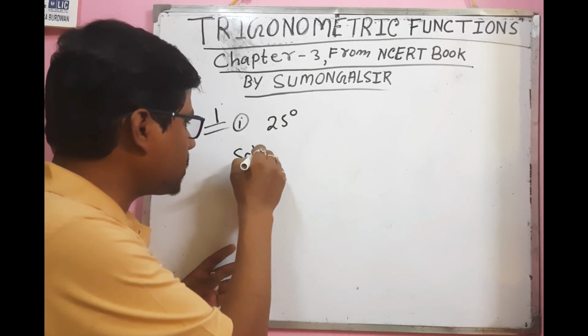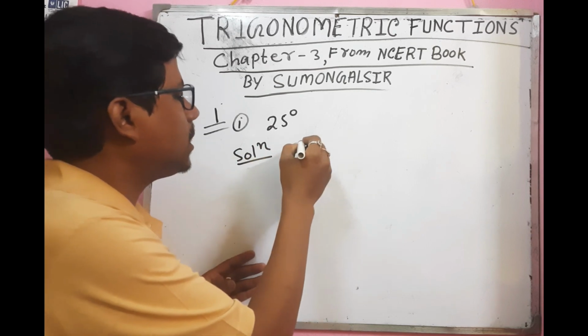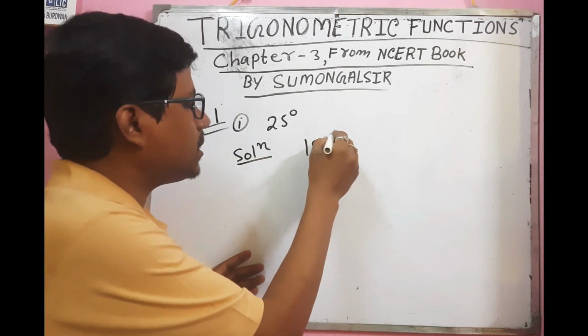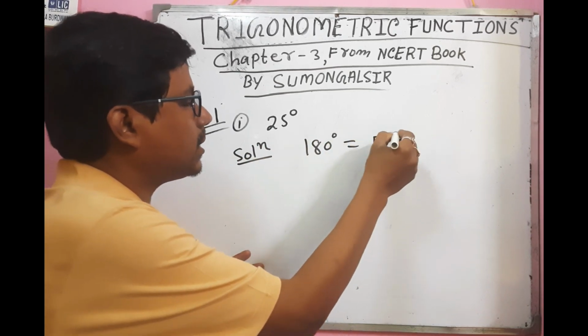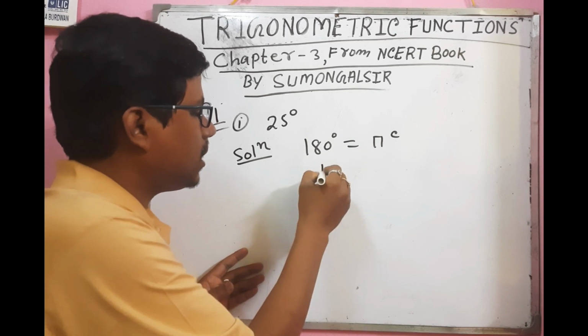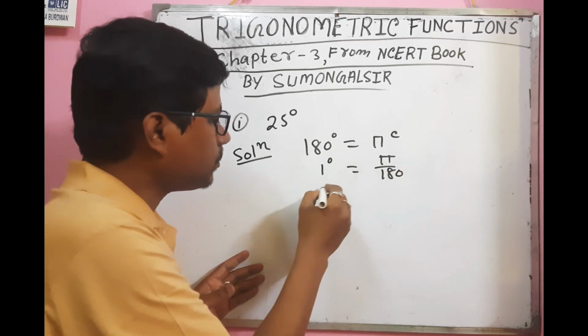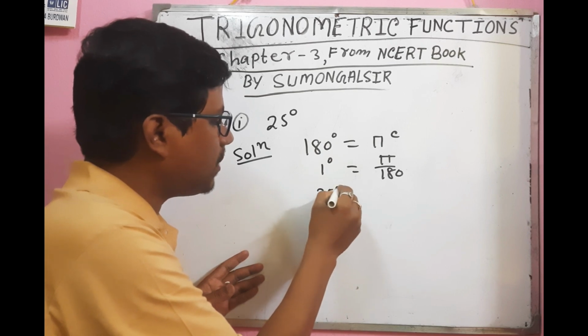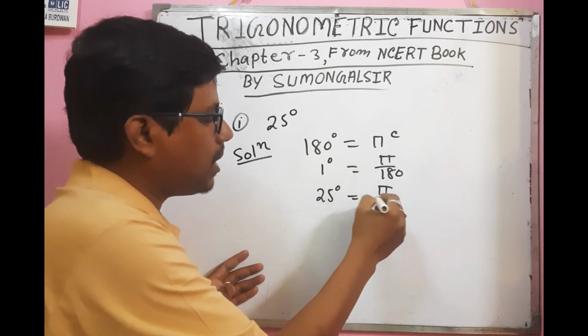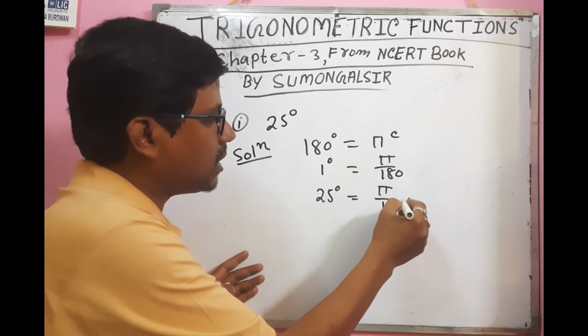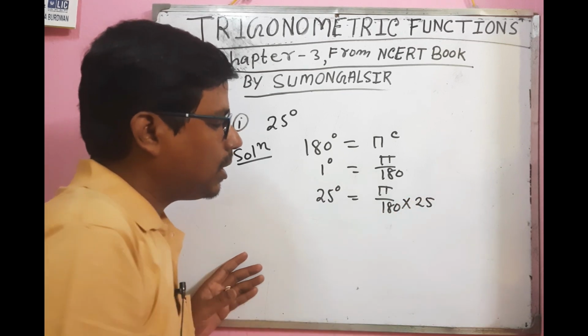In the solution section we know that 180 degrees is equal to pi radians. Then 1 degree will be pi by 180. Now 25 degrees means pi by 180 multiplied by 25.